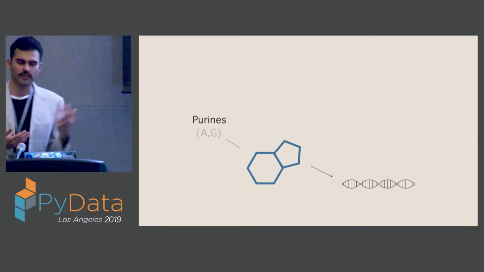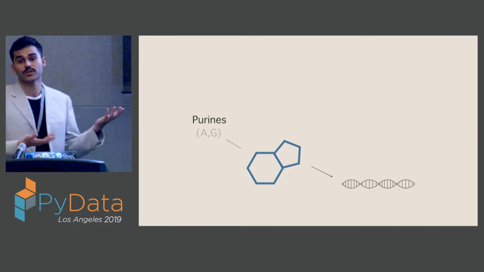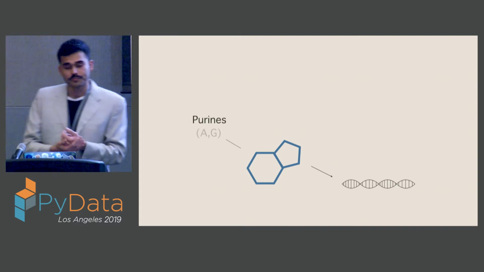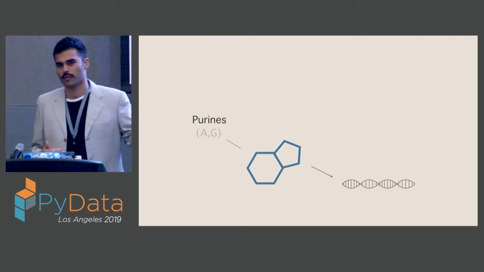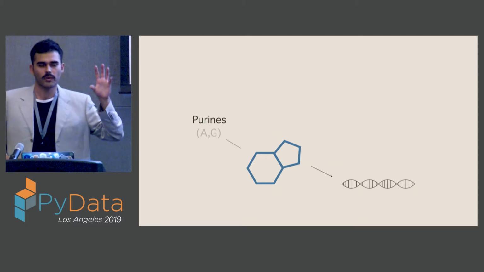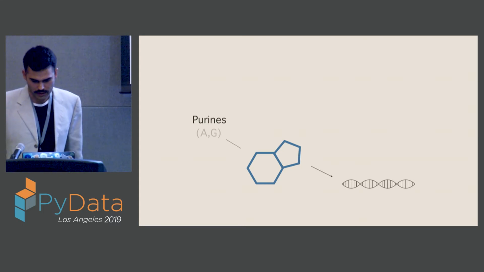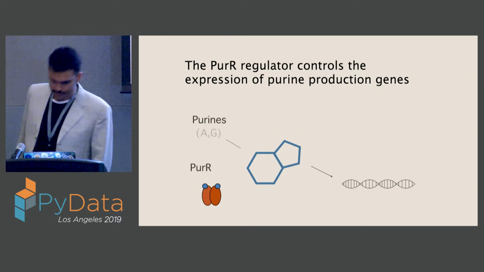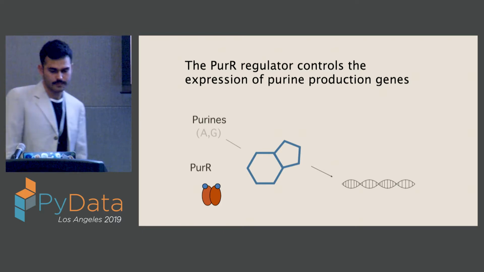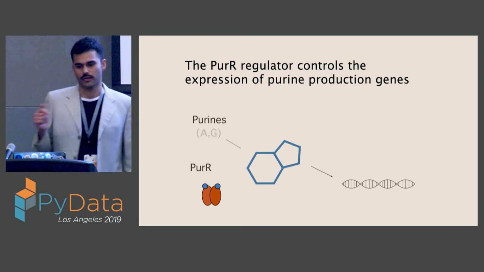Interestingly, because purines are essential to making DNA, they were created in early stages of evolution. And so this is a very important protein called PurR. A very important protein throughout the bacterial kingdom, and we're going to use it as our case study for today.